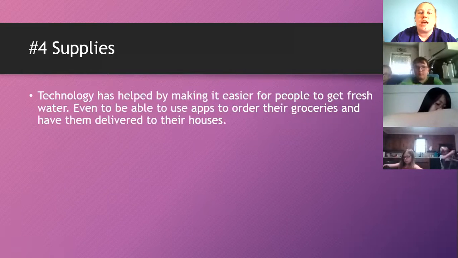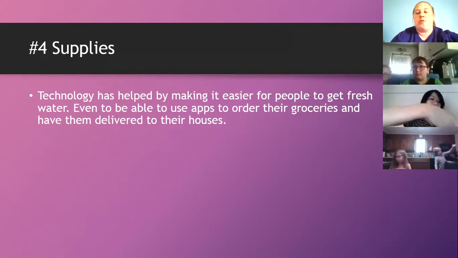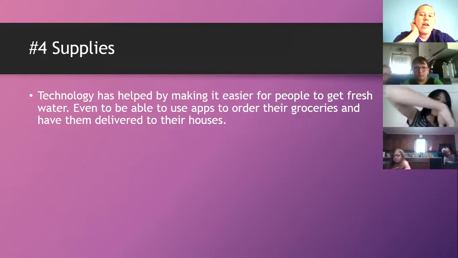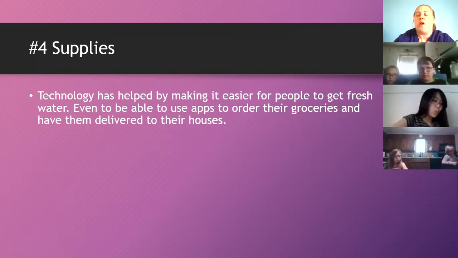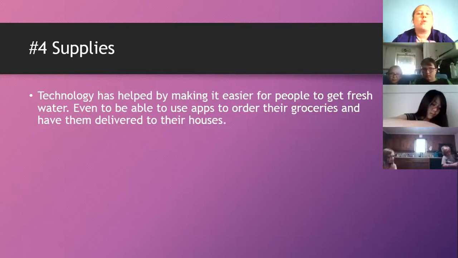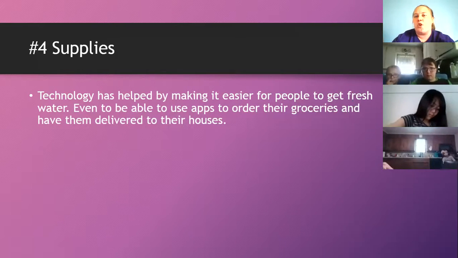So technology has helped by making it easier for people to get things like fresh water, or even to be able to use certain apps. You can get apps on your phone or whatever devices people have these days, and you're able to order your groceries online and get your groceries sent to your house, or even you can order them and go pick them up at the store, and you don't have to do the shopping. You just order your groceries, you go pick them up when they're ready.